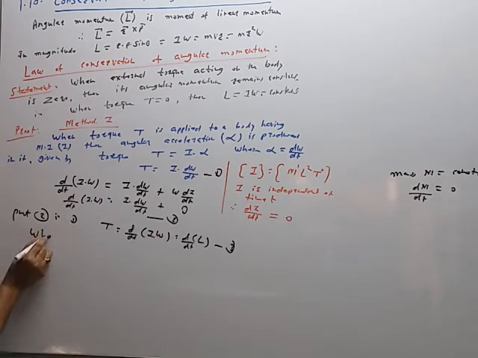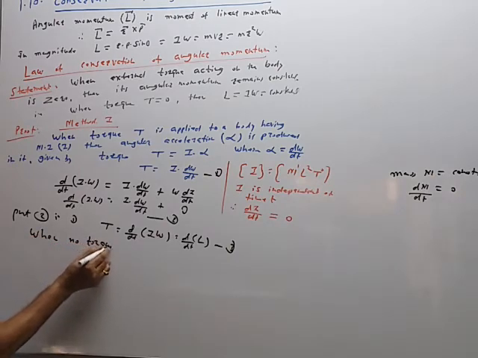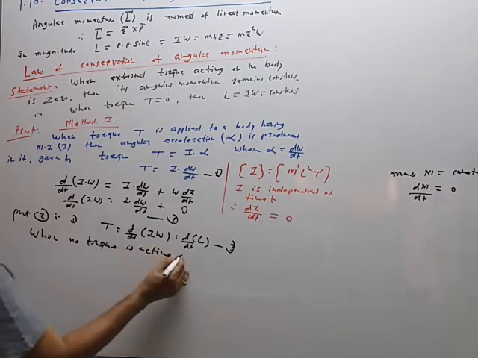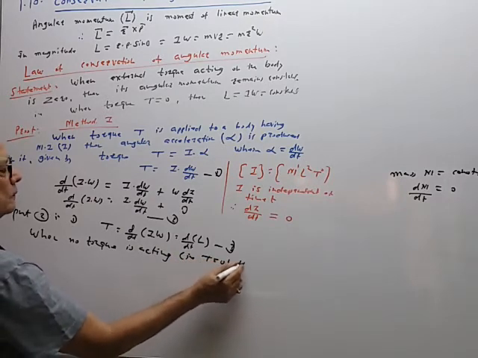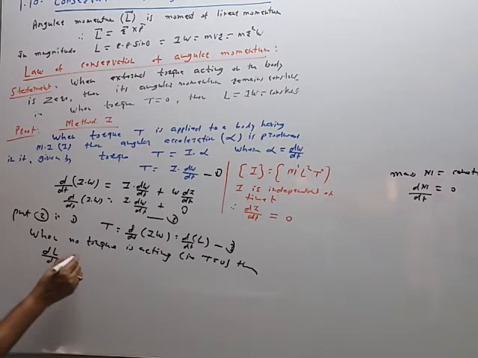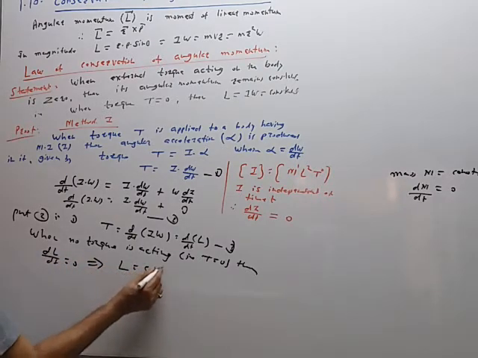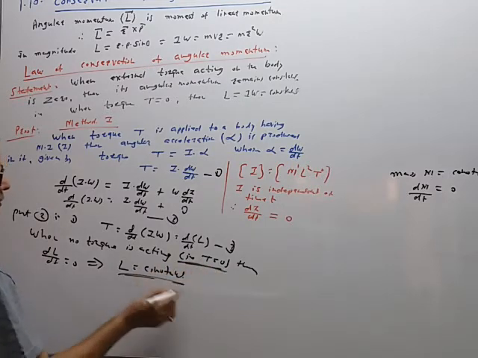When no torque is acting, that is T is equal to 0, then dL by dt is equal to 0. So the derivative of L with respect to time is 0. It indicates that L is equal to constant.